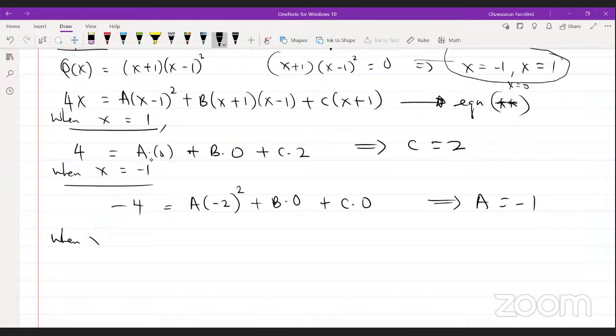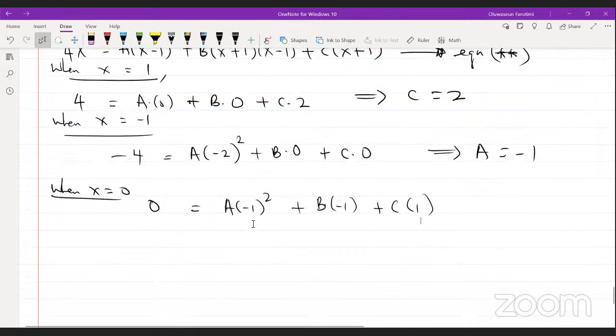And the last guy, x equals 0. If I don't have x equals 0, then how do I find my b? Yes, you can still find your b, by plugging a and c into equation 2. But to make life easy, just go to 0. This means 0 equals a times (-1) squared plus b times (-1) plus c times 1.